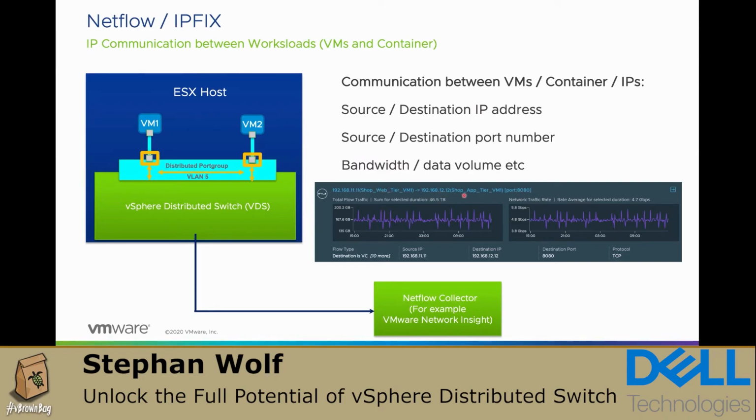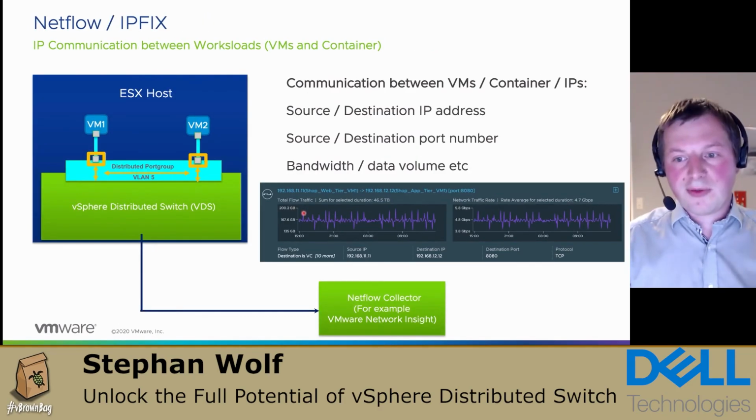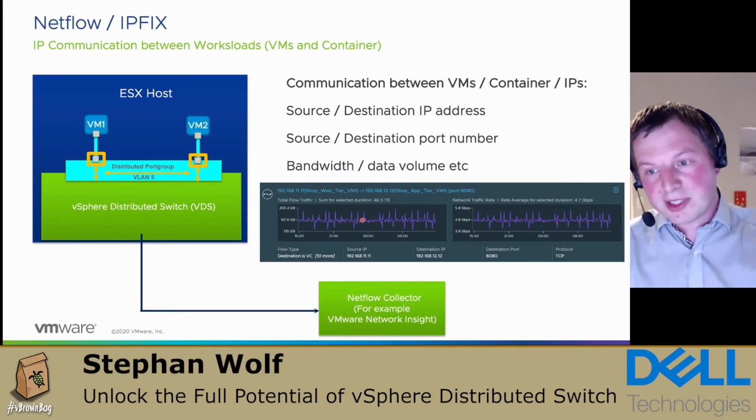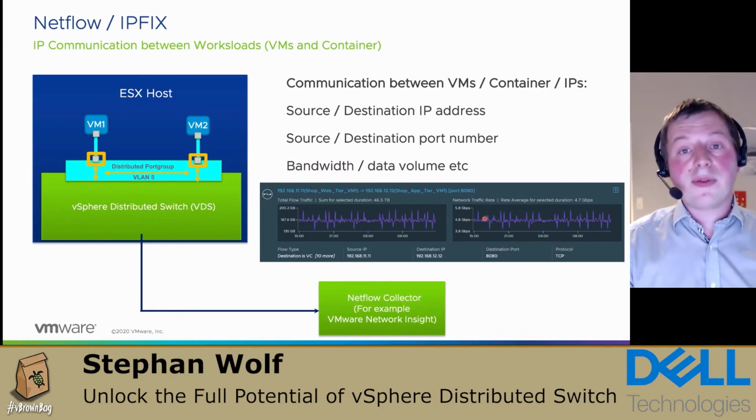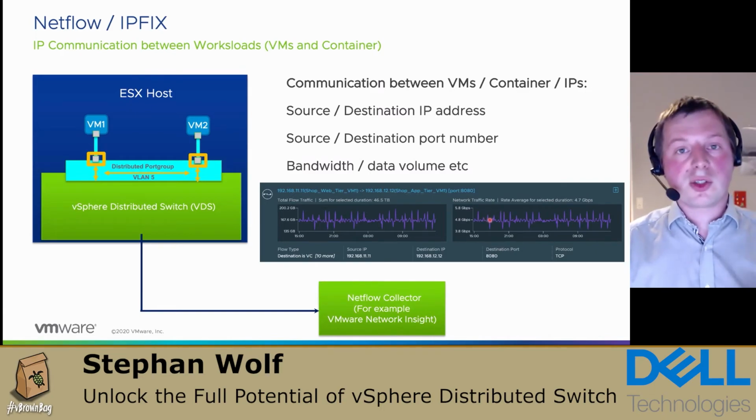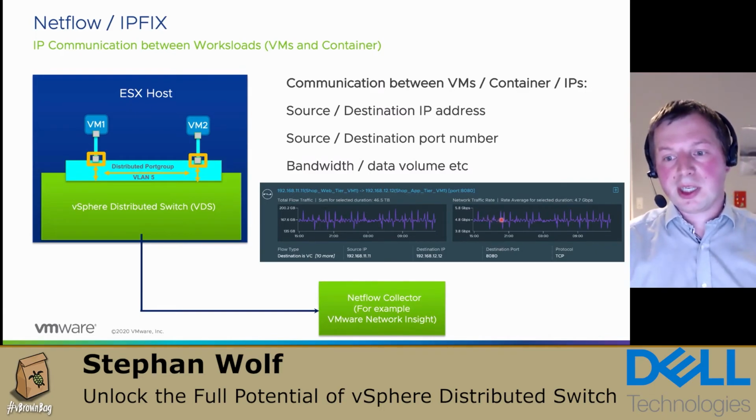So this is a web server that speaks with an application server, and you see the communication. You see which traffic volume is used in the specific time frame, so how much data is transferred, and you see also the traffic rate, which means the average bandwidth consumed by these applications.